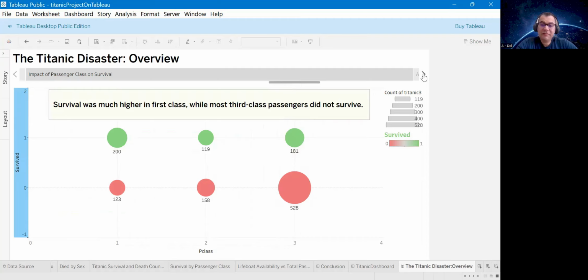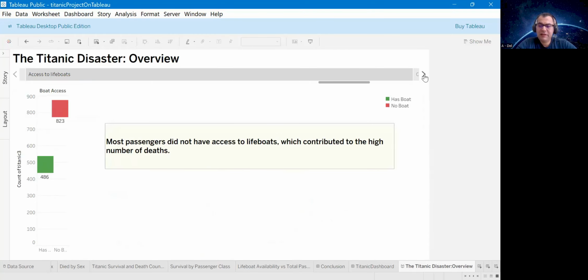So survival by passenger class is a big and important factor because the data shows the first class passengers had the highest survival rate while third class passengers had the lowest survival rate, due to the location of cabins and easier access to lifeboats for first class passengers. Third class passengers were often located deeper inside the ship, which may have made evacuation more difficult.